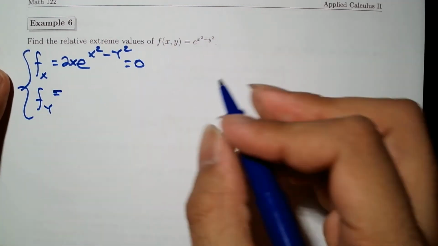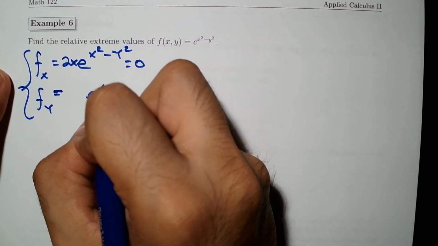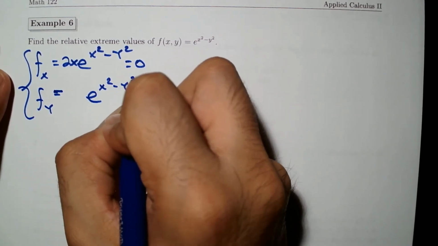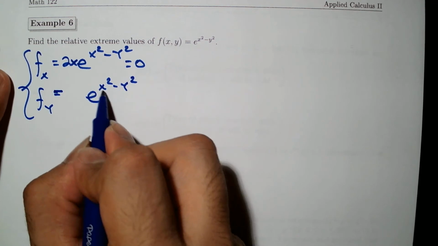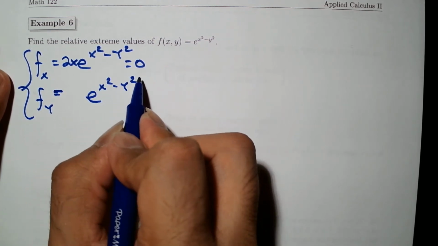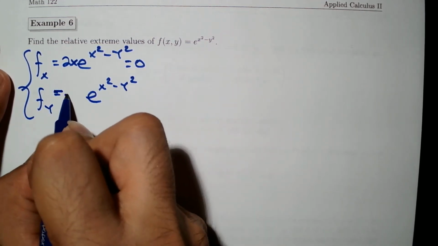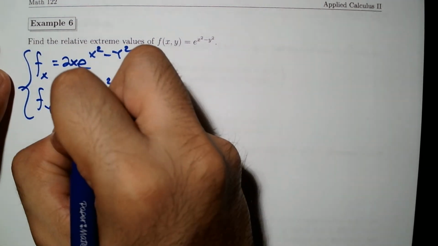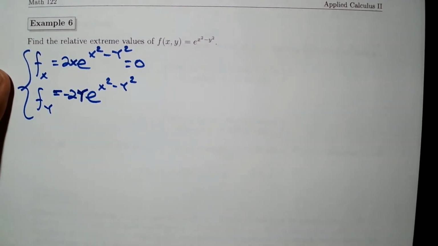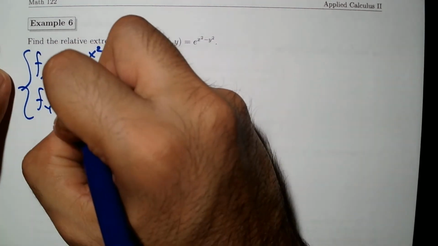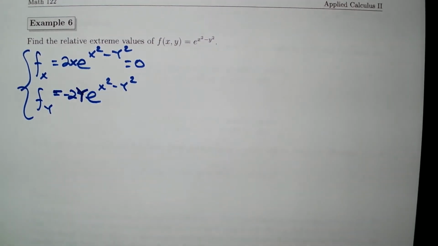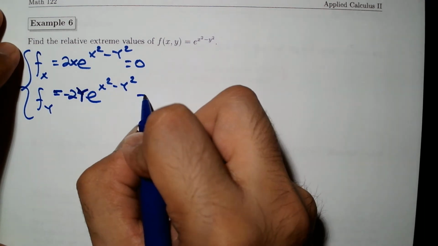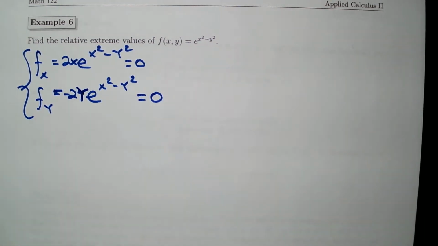That equals to itself, but times the derivative of the exponent with respect to y. In this case, negative 2y. Looks like an r, this is a y. Okay, 2y. Alright, we're going to set this equal to 0. Okay, we need to solve this system.